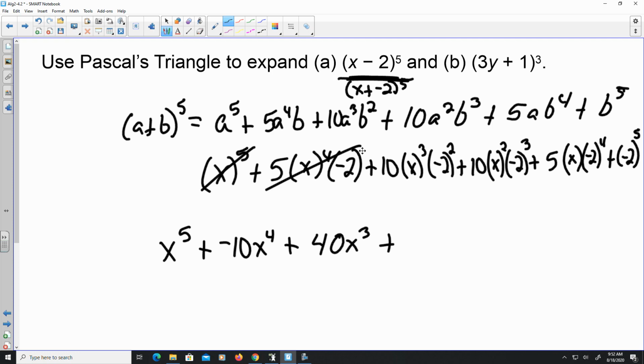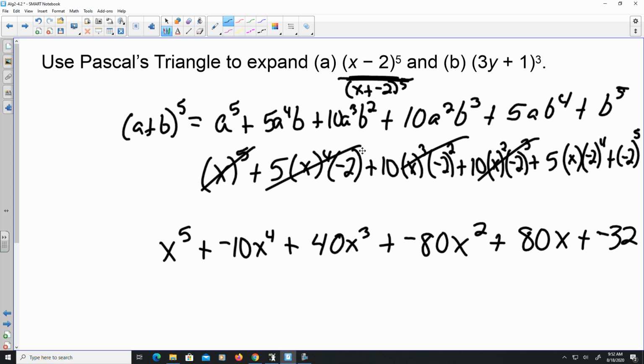all right, so now I have negative 2 raised to the 3rd power, that's negative 8. Negative 8 times 10 is negative 80, so it'll be negative 80x squared, plus, cross that out, negative 2 to the 4th will be a positive 16, times 5, that is 80, so I got 80x, and then it'll be plus negative 2 to the 5th power, and that will be a negative 32.